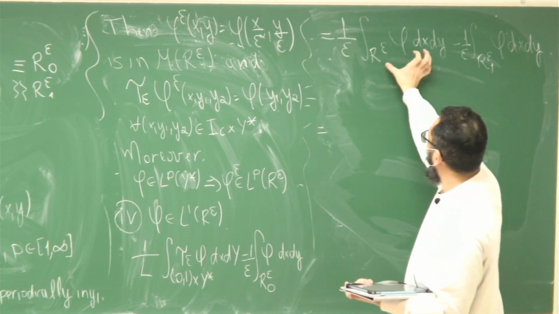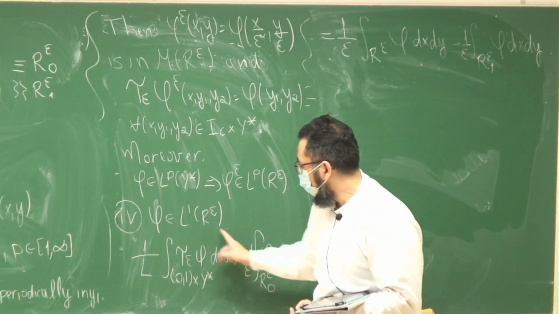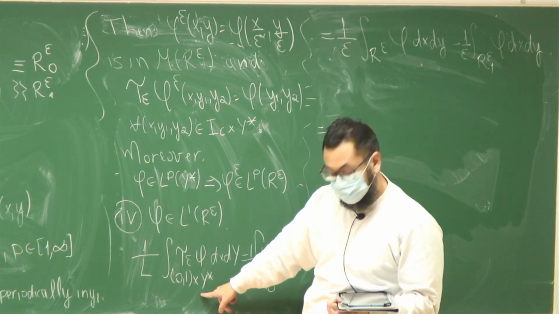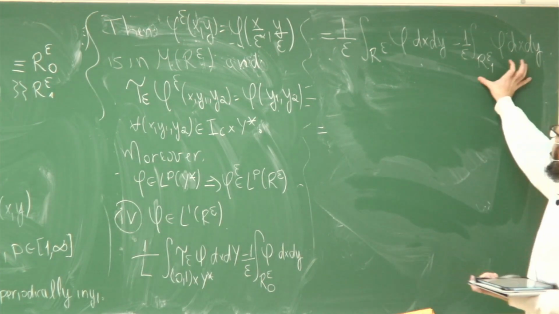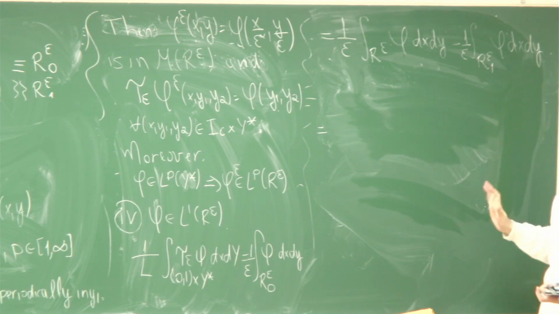We can decompose it, rewrite it as this integral over here, which is in a fixed domain now. We will be able to pass through the limit somehow, plus this term here. Usually we can call it integration defect.